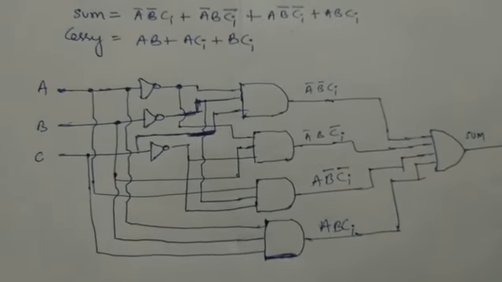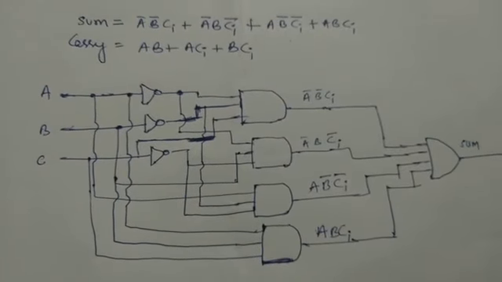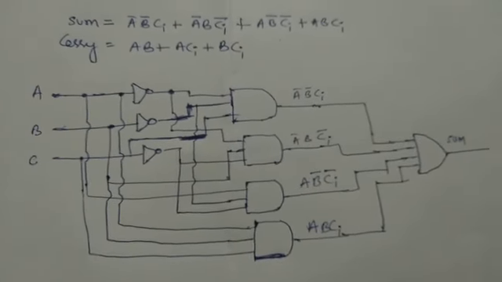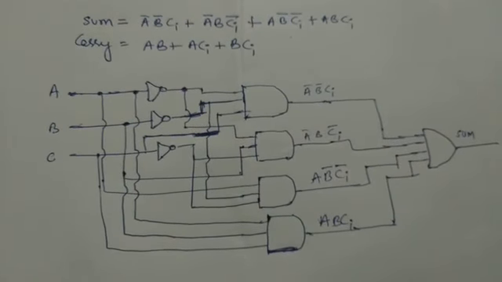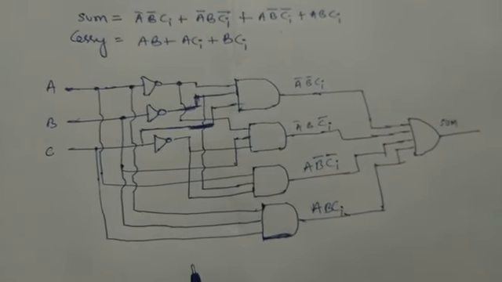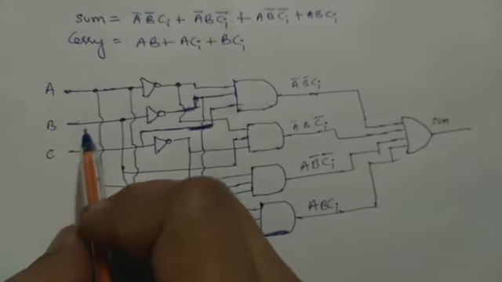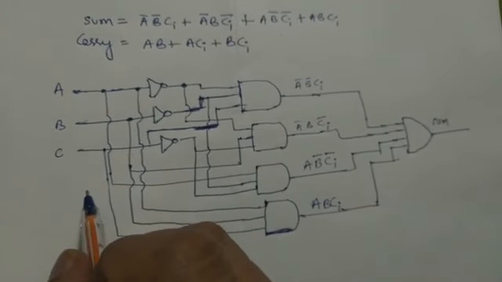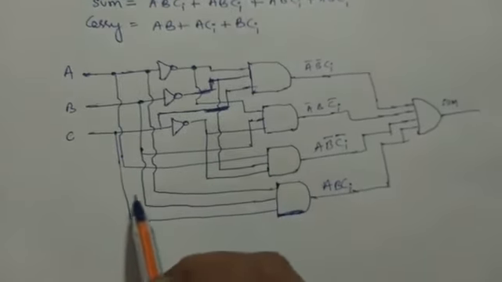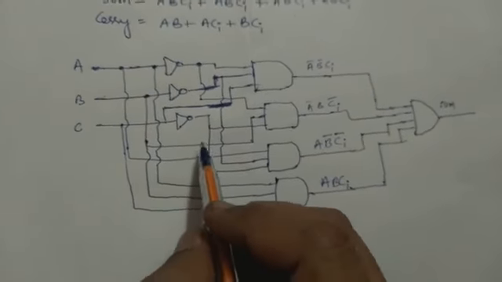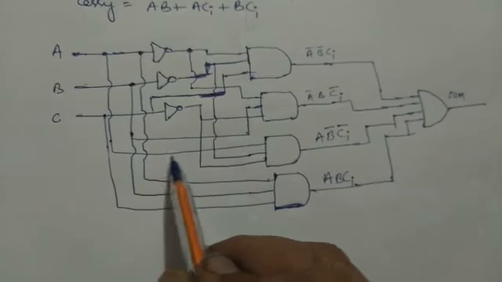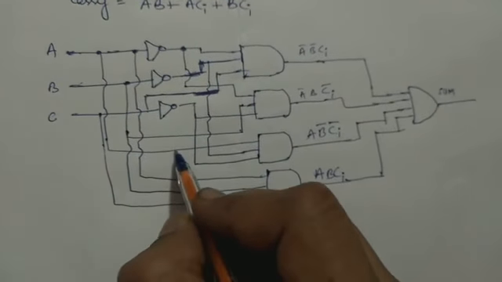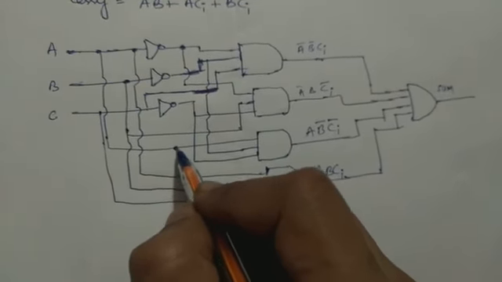Now carry is equal to AB plus ACI plus BCI. For AB, we have to connect the AND gate. So let us take A from here, A coming over here.